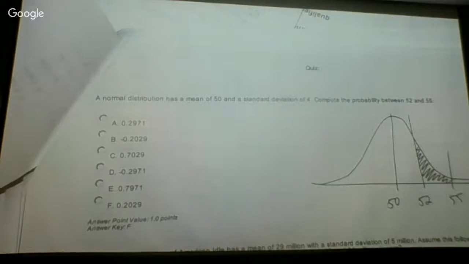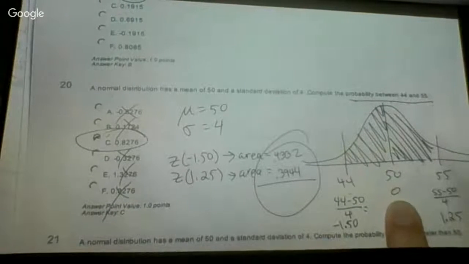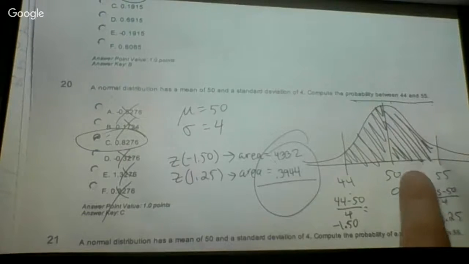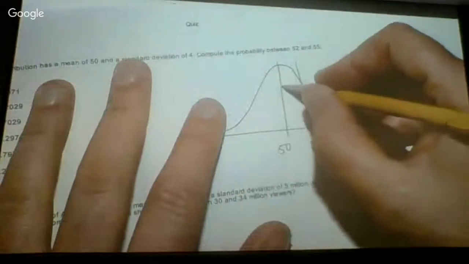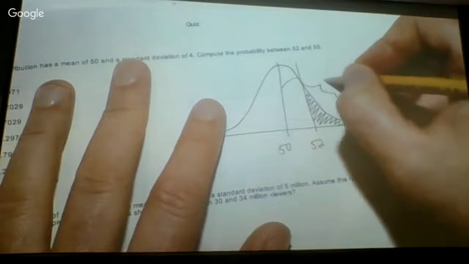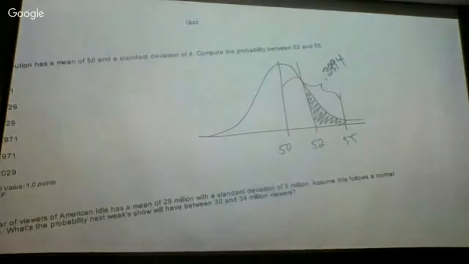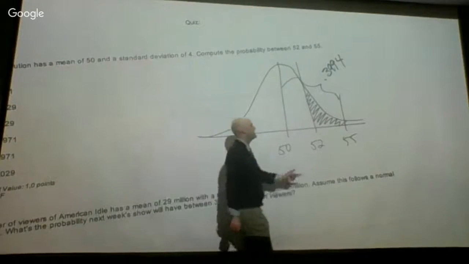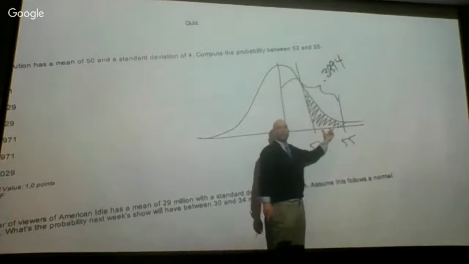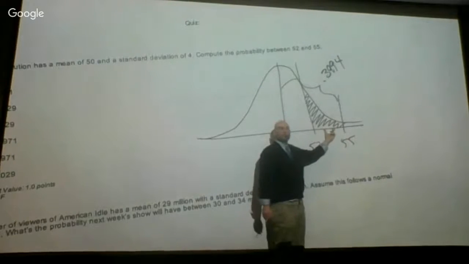We already determined in the previous problem that between 50 and 55, which is the z-score of 1.25, this area right here is 0.3994. So this entire area right here, 0.3994. What do I need to do in order to find just this chunk right here?